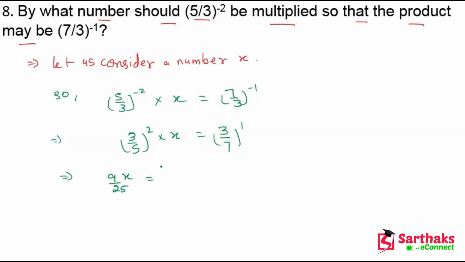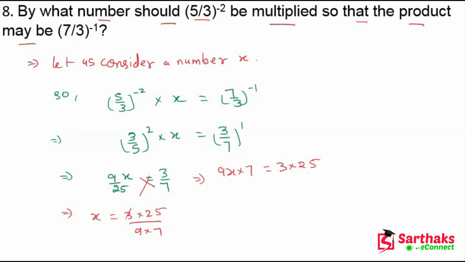Okay, and this is equal to 3 upon 7, and if we cross multiply, we get 9x into 7 equals 3 into 25. So we can find the value of x. We can write it as 3 into 25 divided by 9 into 7.